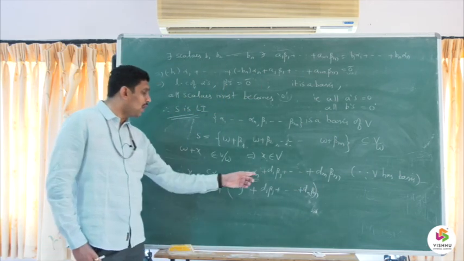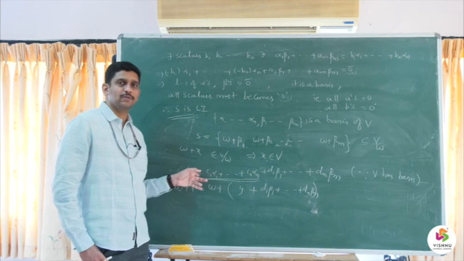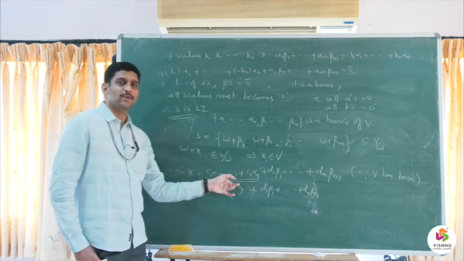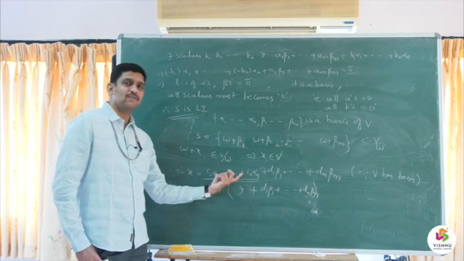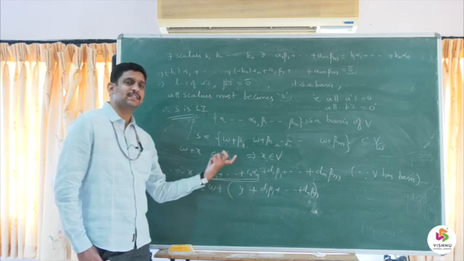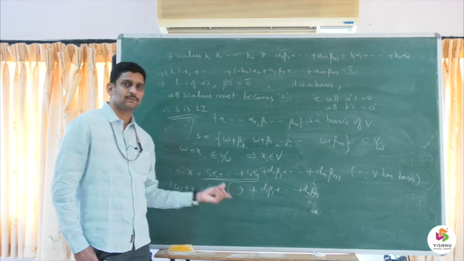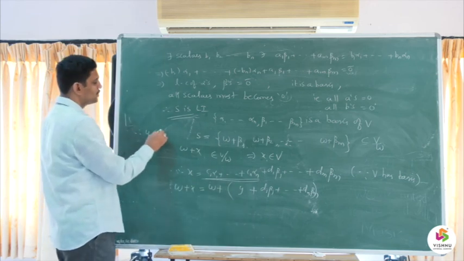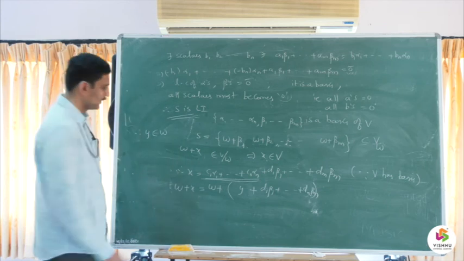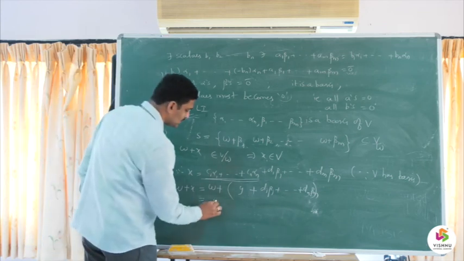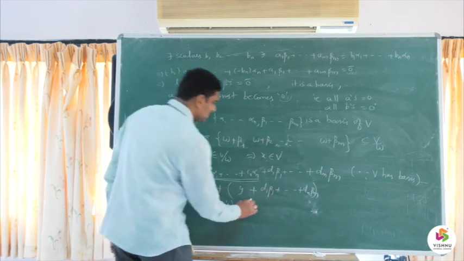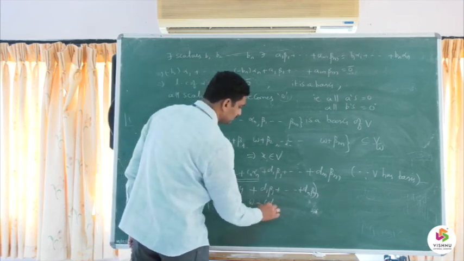Because all the alphas belong to W, whenever you write a linear combination, that also belongs to W. So this alpha combination, I am taking a symbol, this is Y. Therefore, Y belongs to W. So this you can write as W plus Y plus W plus this entire thing.